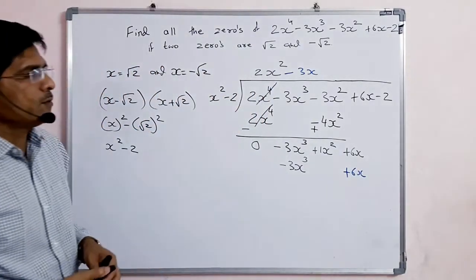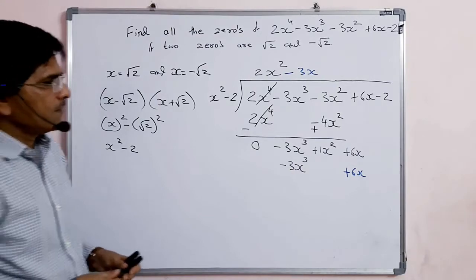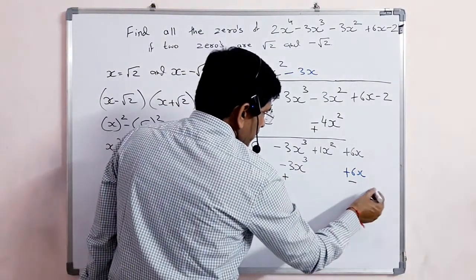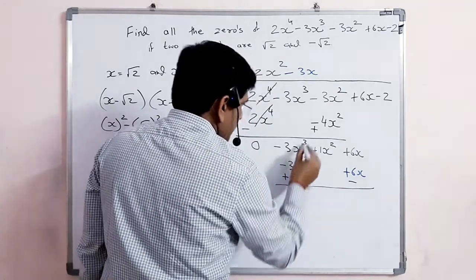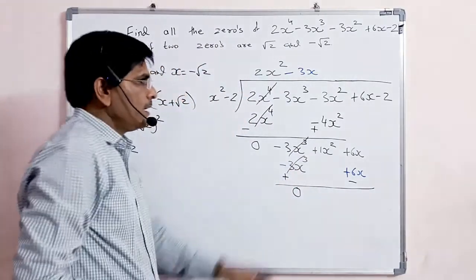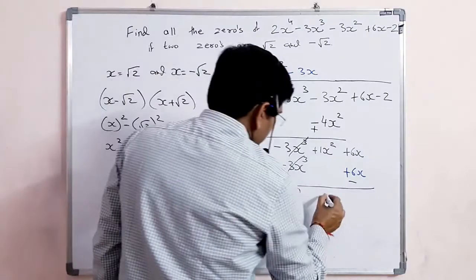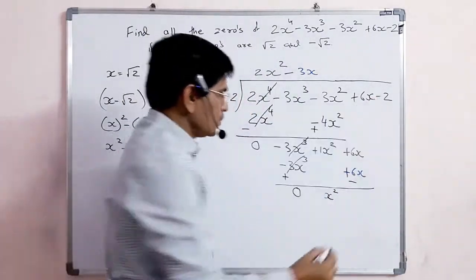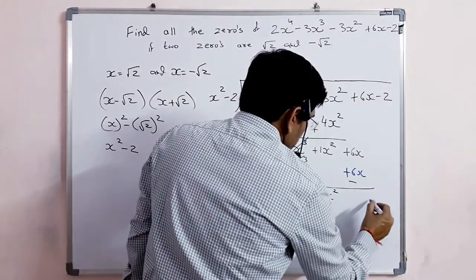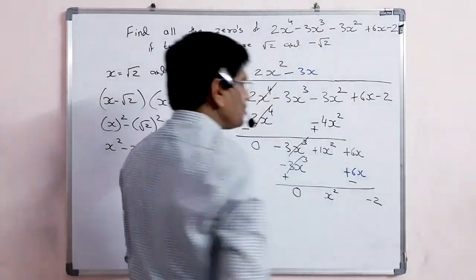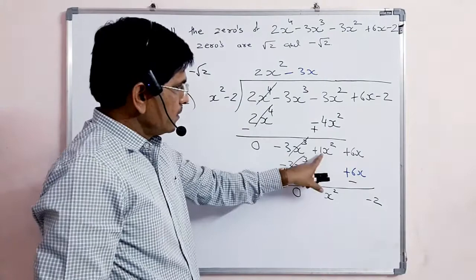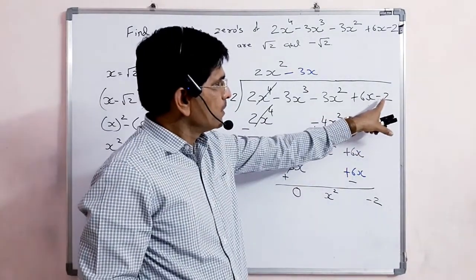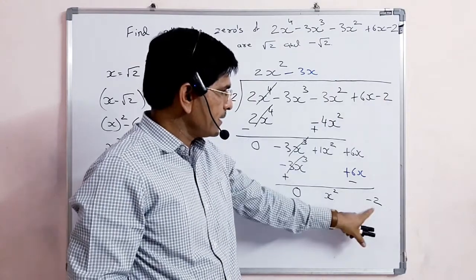Now I change the sign, so here it is plus, here it is minus, and we get answer 0 here. Again x squared remains, so we write x squared here, and from above minus 2. So again 1x squared minus 2 remains, so I write it here.